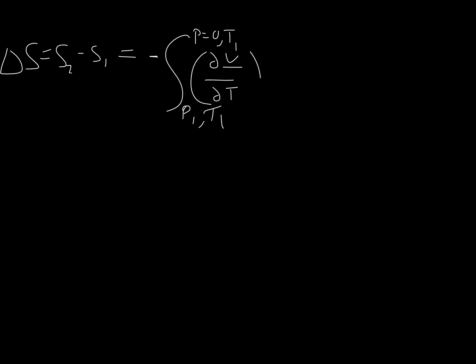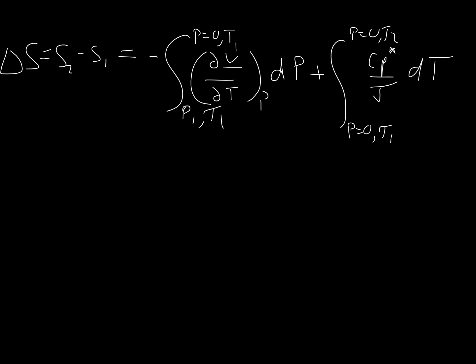Delta S, which is equal to S2 minus S1, is equal to P1 T1... minus, that is.